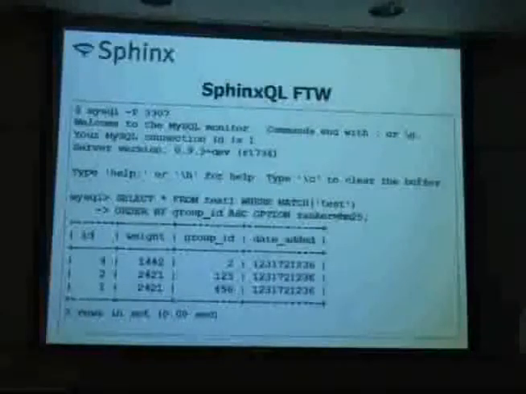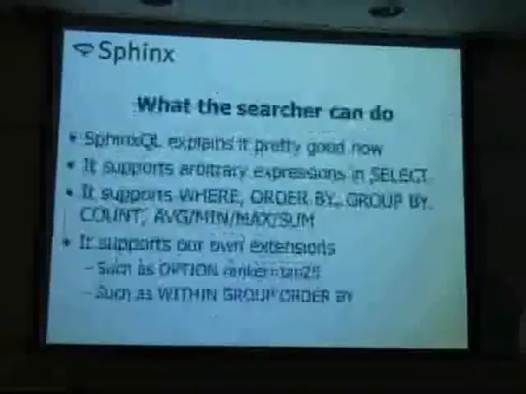So from now on, you can simply use the regular MySQL client to connect to the Sphinx daemon, and you can use the regular select syntax to run your full-text search queries, except that we don't use MATCH AGAINST, we just use a simple match clause, and the string inside should be in Sphinx query language syntax. And also we add a bunch of extra Sphinx-specific options that let you choose the ranker, choose the ranking algorithm, choose the field weights, the index weights, and so on and so forth.